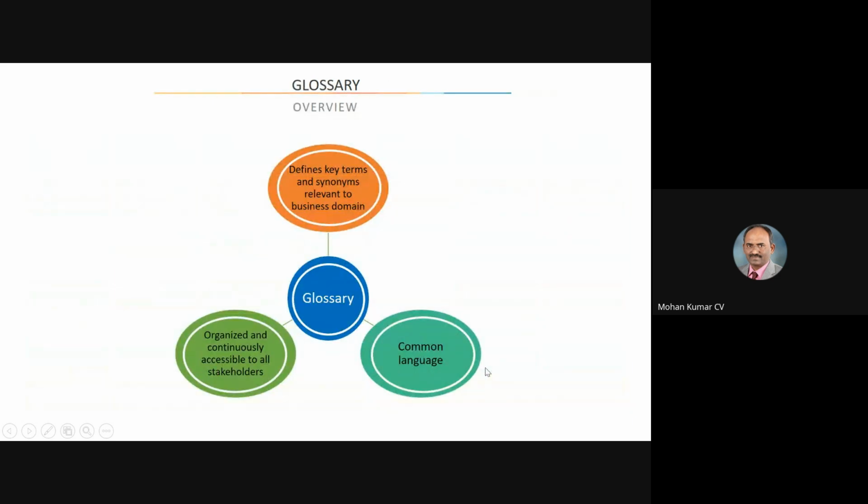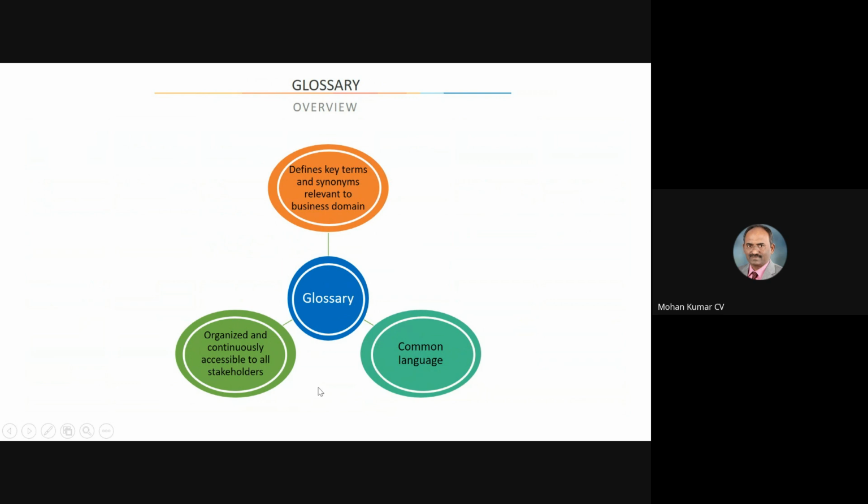That's what a data dictionary is. Now there is another term called glossary. Data dictionary is more to do with the data. A glossary is like any glossary where you get the definitions and total details about a term. It defines key terms and synonyms relevant to the business domain, in a common language, organized and continuously accessible to all stakeholders.